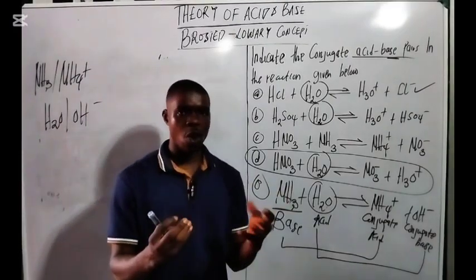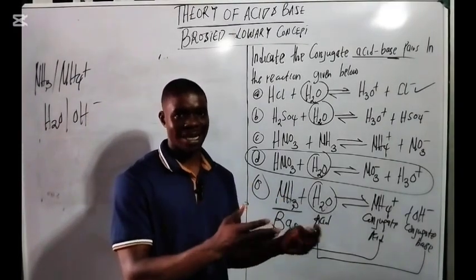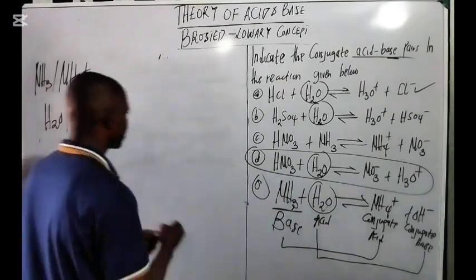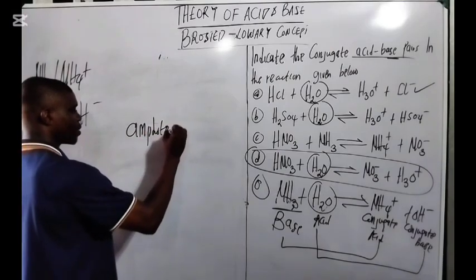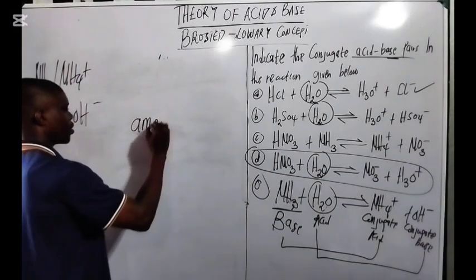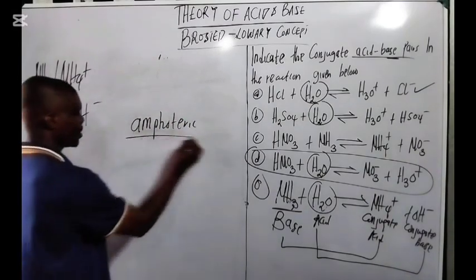That phenomenon in which a substance can act as both an acid and a base is called amphoteric. Amphoteric substance.